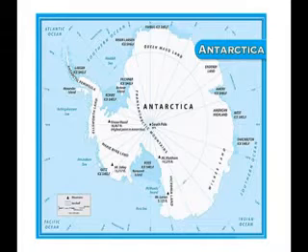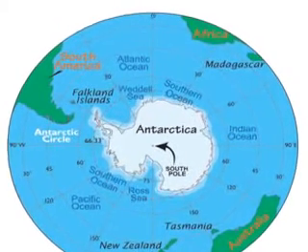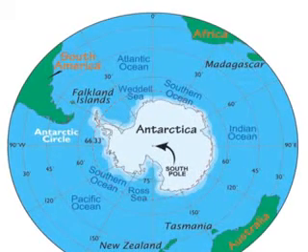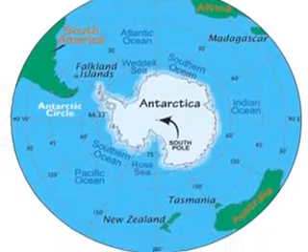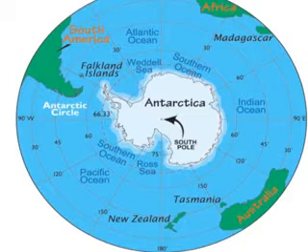You can observe here, on the left side of your mobile screen, the Antarctic Circle, which is at 66.5 degrees south, and the South Pole is at 90 degrees. It is separated from all other continents by the wild and stormy waters of the Southern Ocean.